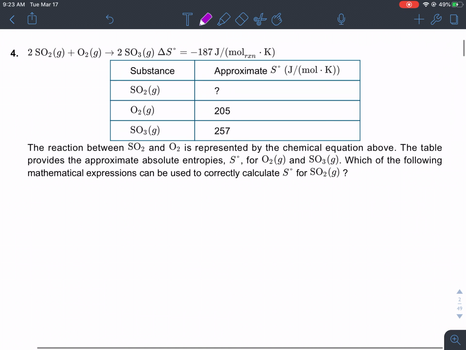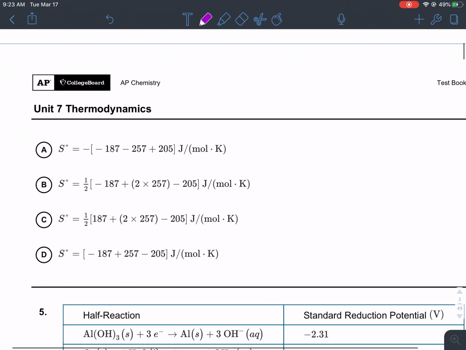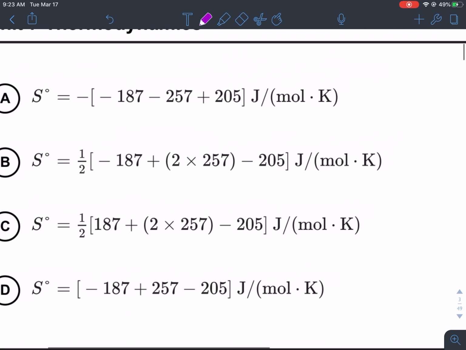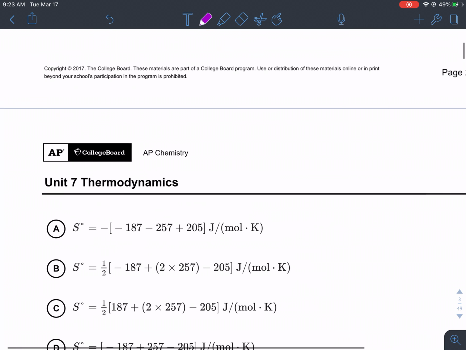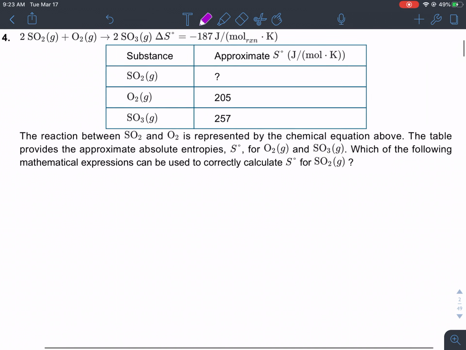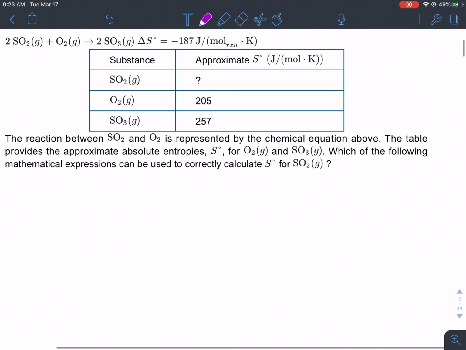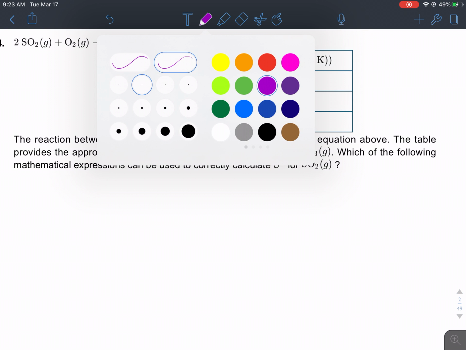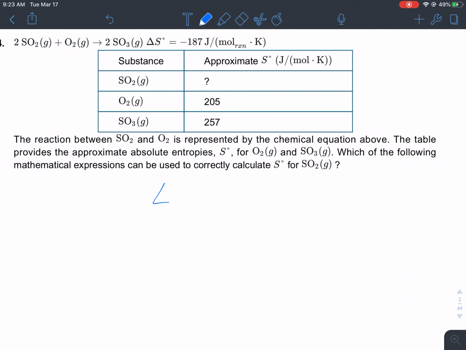All right, number 4. Finally, we got kind of like a math problem here, but if you actually look at the answer choices, you don't actually have to solve them, you just need to be able to set it up correctly. All right, so let's do it. So a reaction between SO2 and O2 is present. So what we're going to do is this. You got to remember that delta S is equal to S product minus S reactant.